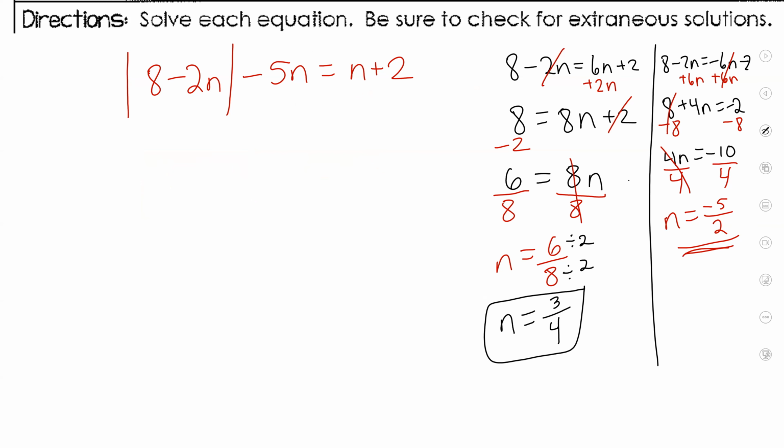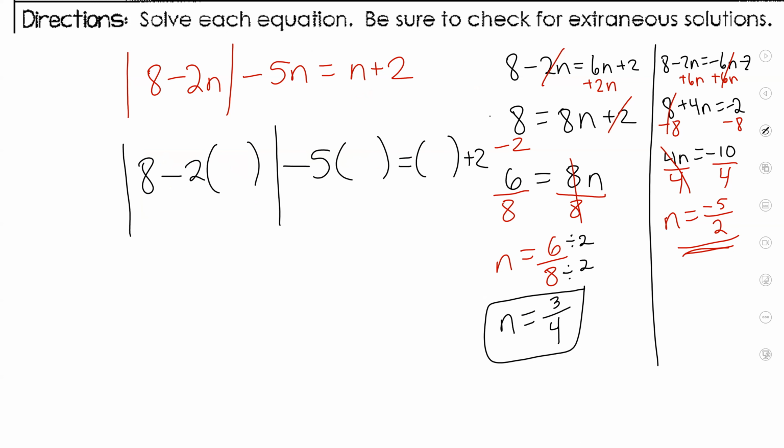I know fractions, we don't like them, but I'm going to go through it. Okay, so we got to check our answers. -5 halves. I'm going to go through this again once the bell rings. I think the bell is going to ring shortly, so we'll pick up shortly.